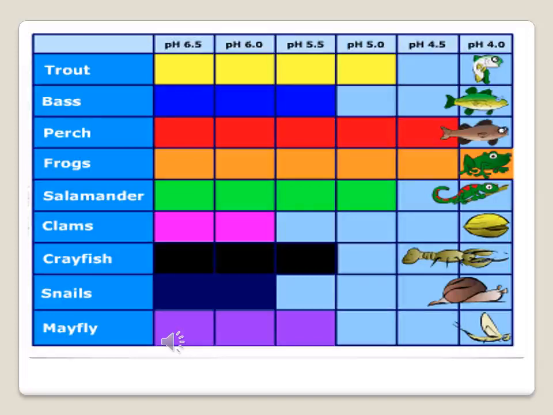This figure shows different aquatic animal species which can live within a specific pH range. For example, trout can live between 5 to 6.5 pH range. Bass, crayfish and mayfly can live within pH range from 5.5 to 6.5, whereas frogs can tolerate acidic and basic environments both.